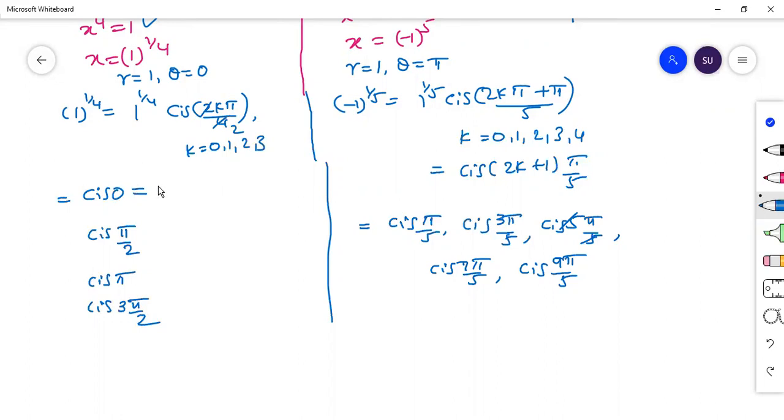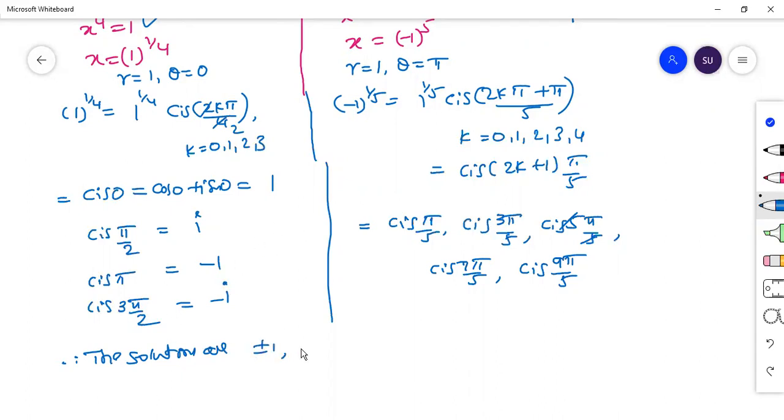Since cis 0 means cos 0 plus i sin 0, you will get cos 0 is 1, sin 0 is 0. In the same way, cos π/2 is 0, you will get i. Cos π plus i sin π, cos π is minus 1, so you will get minus 1. So therefore, the solutions are plus 1, minus 1, and this is minus i.